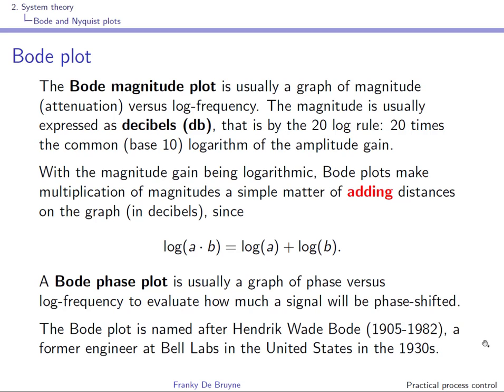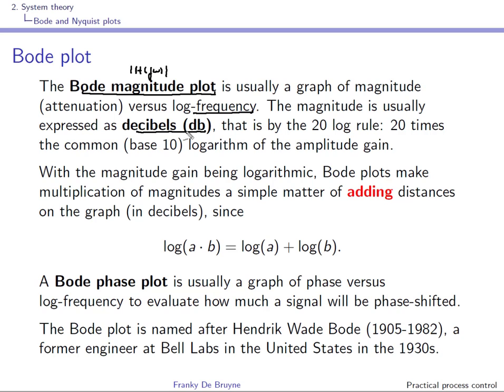The Bode plot, named after Hendrik Bode, has two parts. The top part is the Bode magnitude plot, and it is related to the magnitude or modulus of H(j omega), right? And usually it is magnitude expressed in decibels versus the log frequency, right?